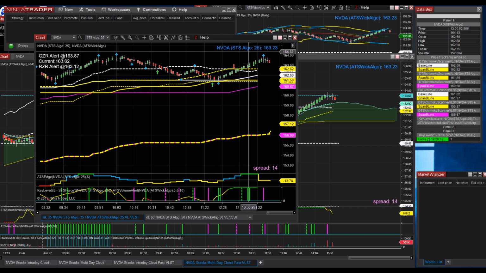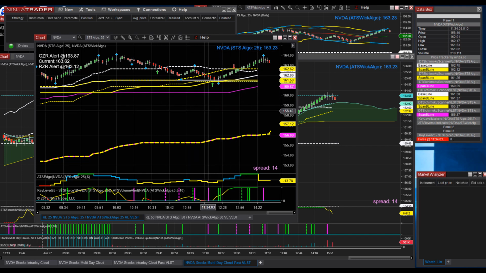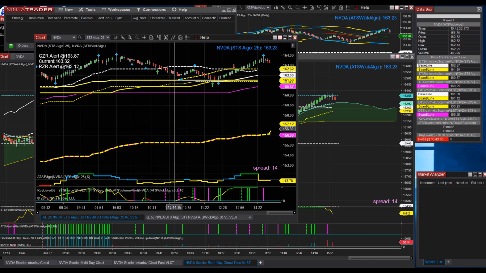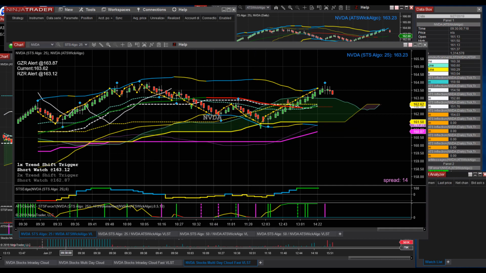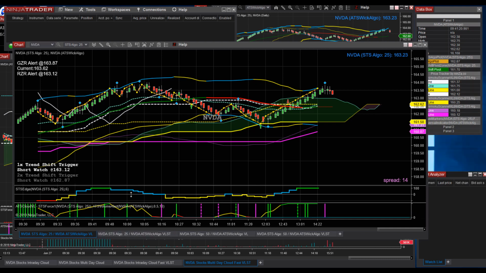Now, to see how the cloud was shaped, you'd have to go out and look at the full chart itself, which is this chart. That's the STS Algo 25 VL cloud. It's pulled back. It's in this downtrend, and it came right into a support level, which is this cloud. And that's what that line meant on that other chart without having to see the whole cloud.